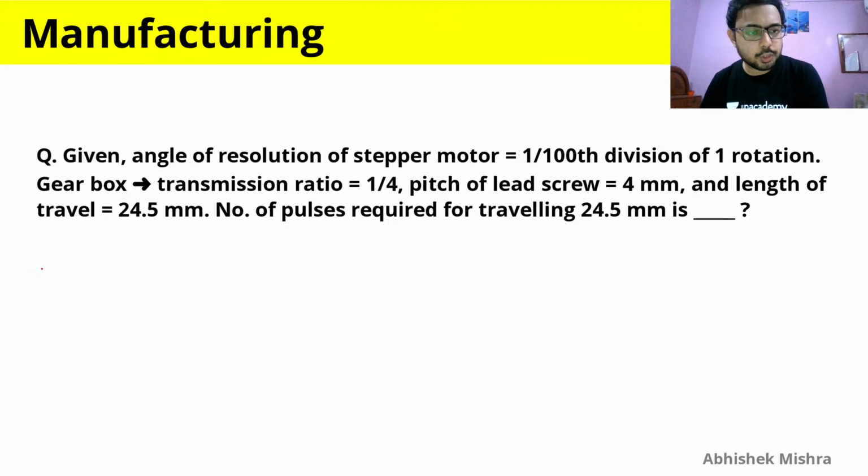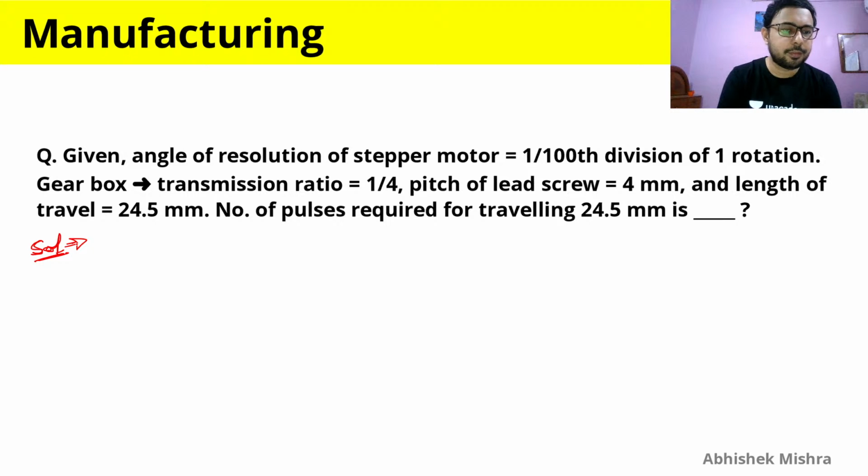In our next question, it is given that the angle of resolution of the stepper motor is 1/100th division of one rotation. The gearbox transmission ratio is given. The pitch of the lead screw is given. The length of travel is 24.5 mm.